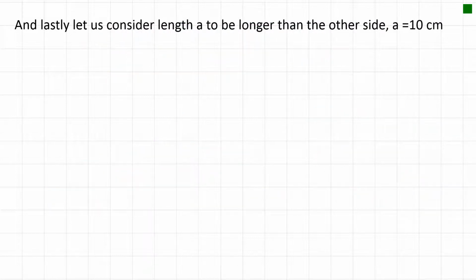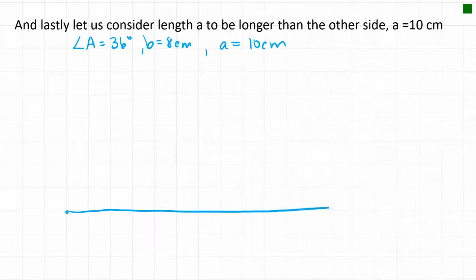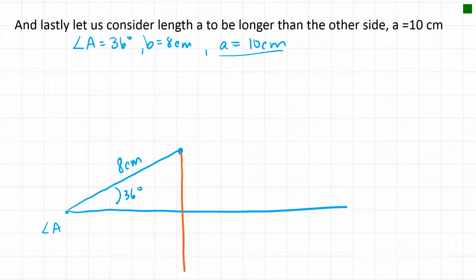So let's take one more look at this same triangle. Remember, A was 36 degrees and B was 8 centimeters, but this time I'm pushing A to be 10 centimeters long. So I've got my horizontal line, angle A, approximately 36 degrees, distance of 8 centimeters, and now I'm going to make this super long at 10 centimeters. So it's longer than this side here.